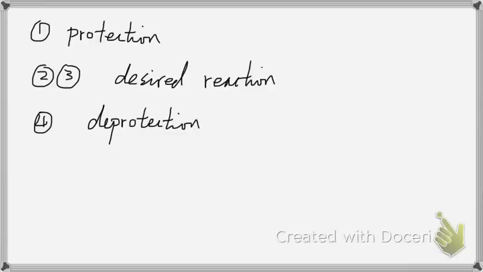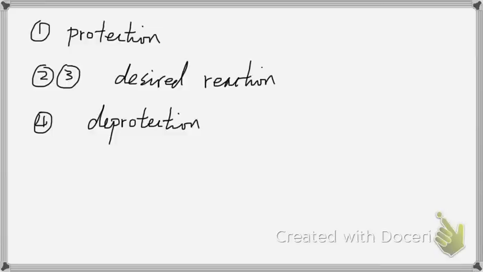So we want to convert one reactive functional group into another that does not interfere with the desired reaction. And the new blocking group is called a protecting group. So the acetal, or the ketal here, is our protecting group. Then we carry out the desired reaction. Lastly, we need to remove the protecting group.